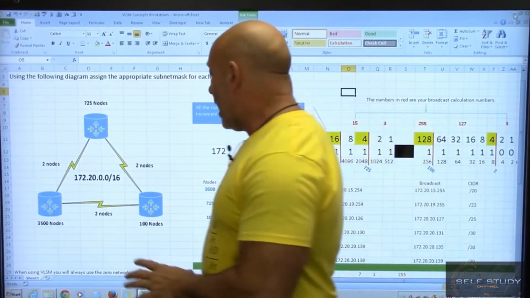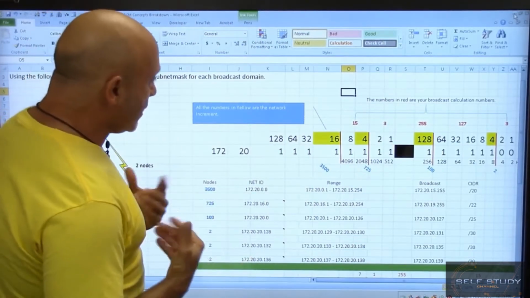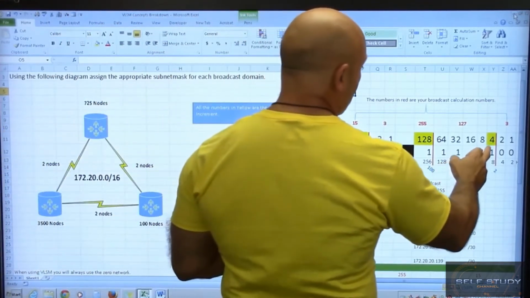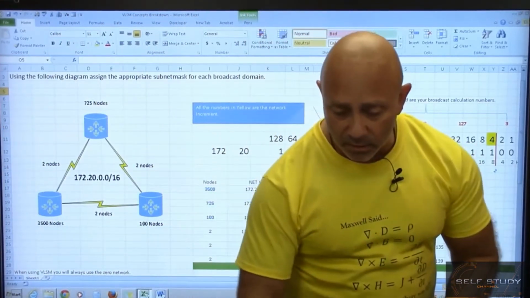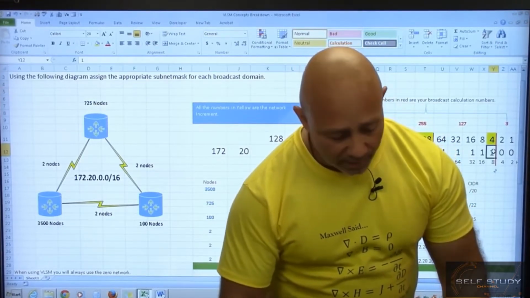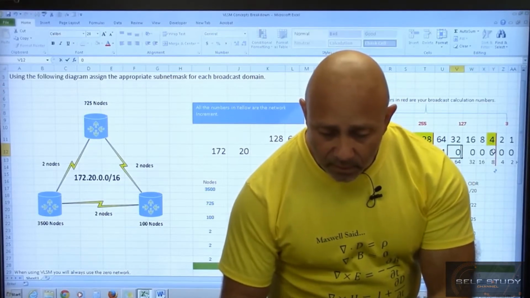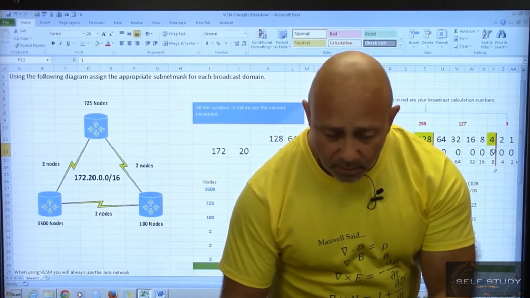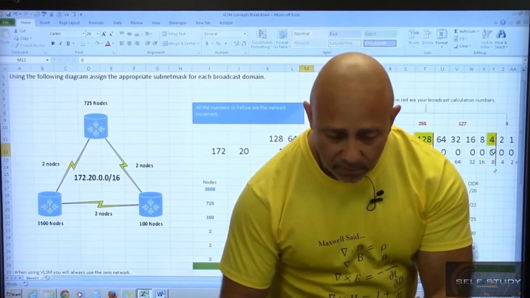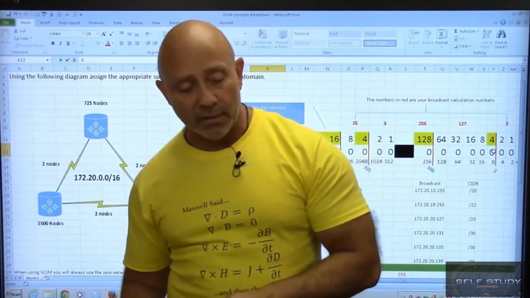All right? Now, you have to start with the address that you've been given. As far as the address that we've been given, I'm going to put these back to what they were. Let me do it here because I don't want to cause all sorts of craziness. We were given a 172.20.0.0 network.